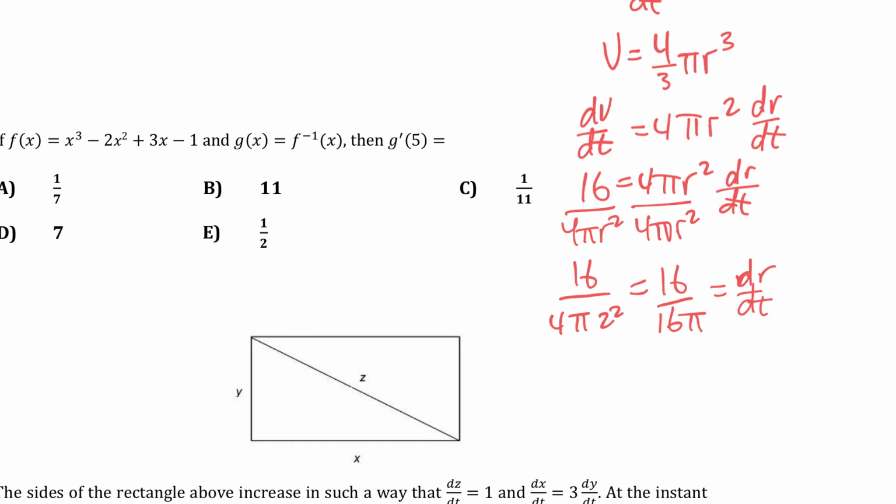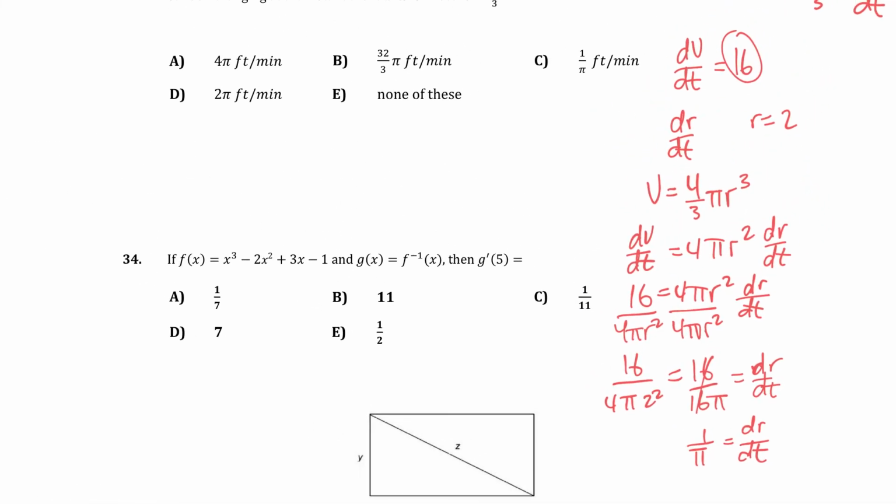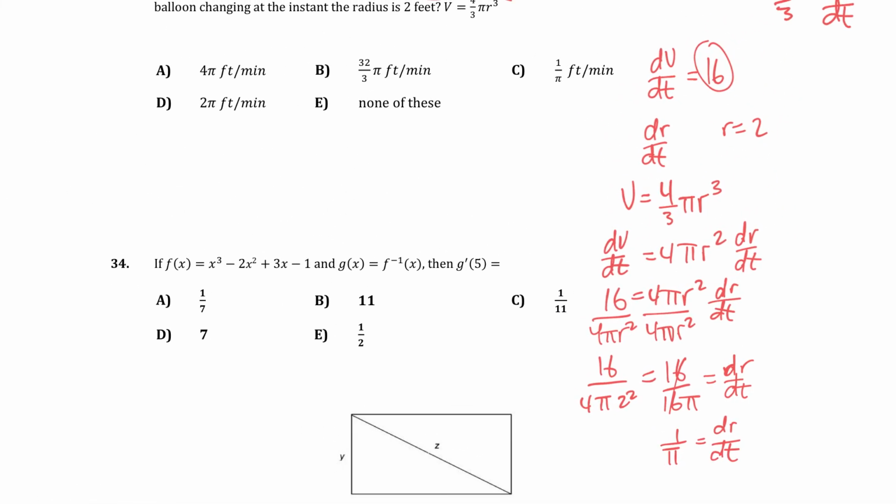And so that means that these cancel. It's 1 over pi is dr/dt. And so is that any of our choices now? Yeah, it's right here, 1 over pi. 1 over pi. All right.